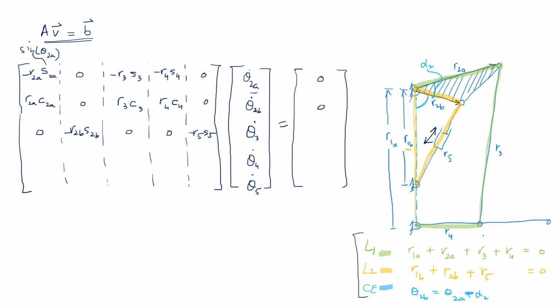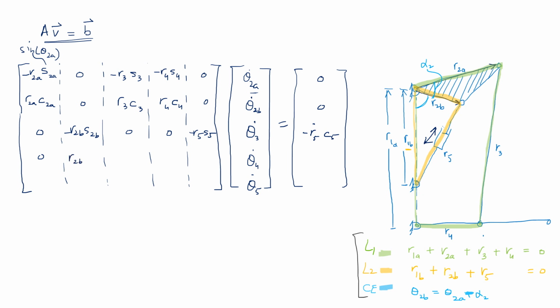So this is minus r5 dot s5, because we have taken the term to the other side of the equation, so that's why it is with a minus sign.